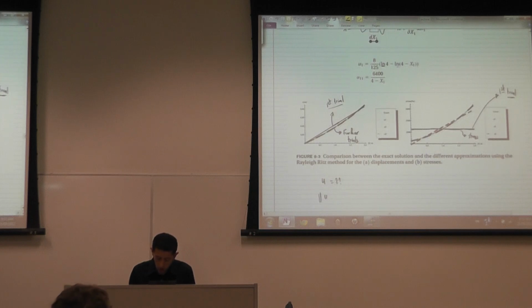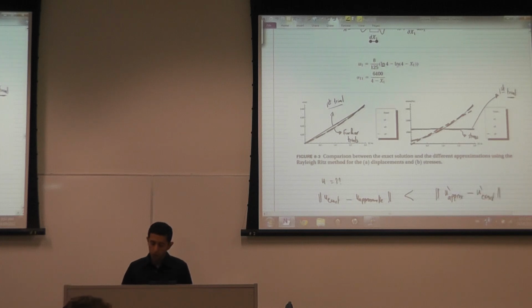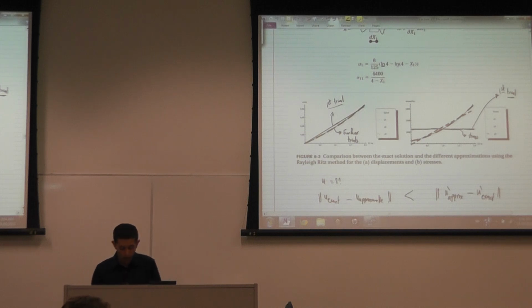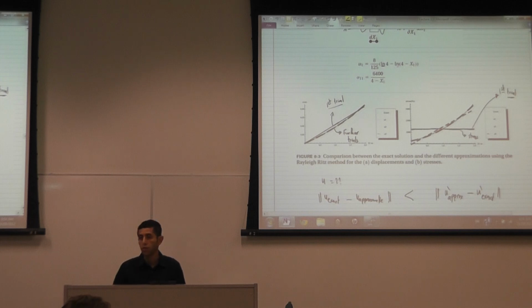The difference between u exact and u approximate is usually less than the difference between the derivative of that solution, approximate and exact.